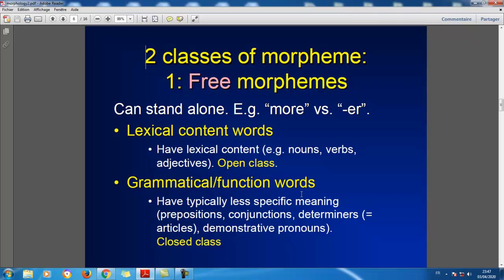In a very simple way, we can say that to, the preposition, and the definite article are grammatical or function words, because if we omit them, they are not going to affect the meaning of the sentence where they are used. For example, I went cinema. Still we can guess the meaning of the whole sentence. So the words to, the, they are there just because they are needed by the structure of the sentence.